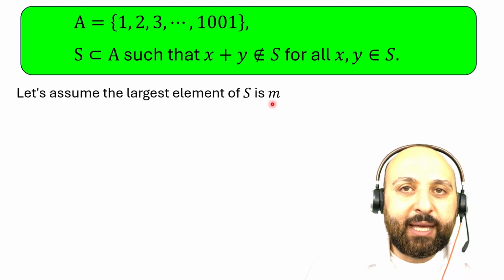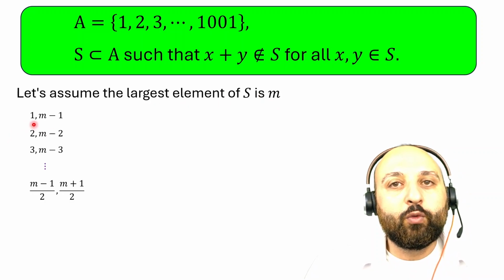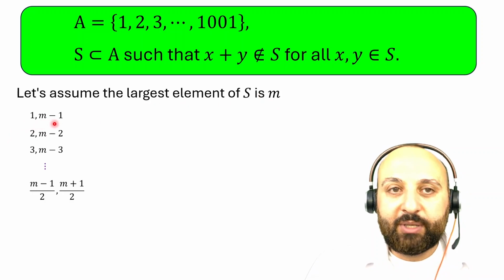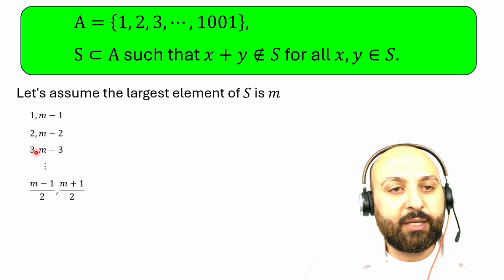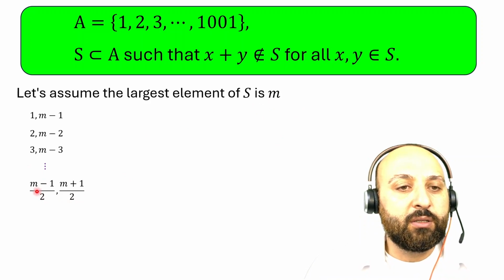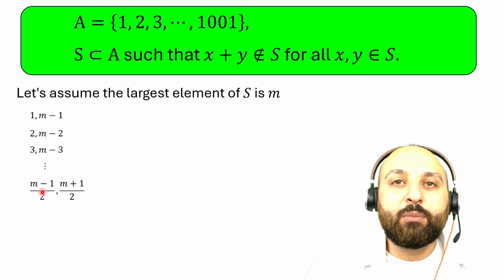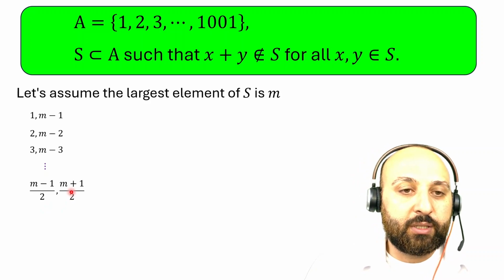So assume that M is an odd number. We say 1 and M minus 1, we put them in one category. 2 and M minus 2, we put them in another category, and so on. Since M is odd, we reach M minus 1 divided by 2, and then the other one would be M plus 1 divided by 2.